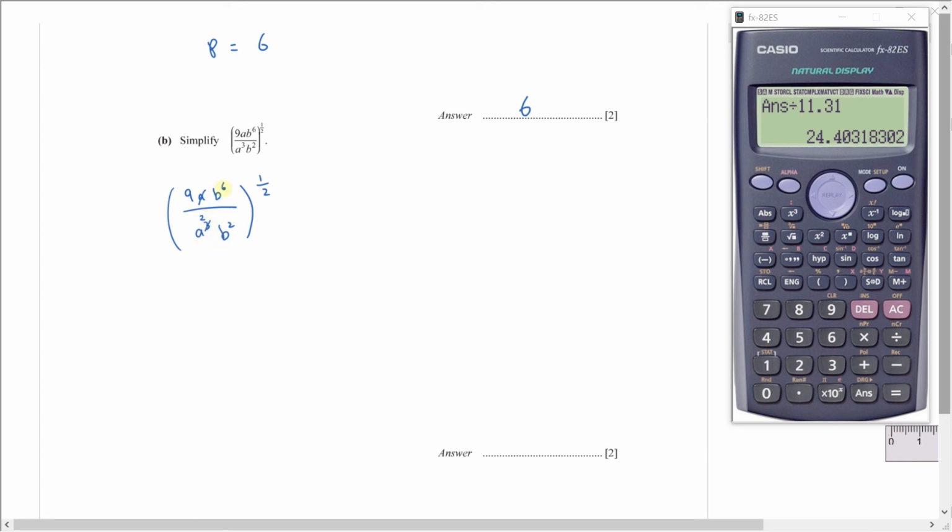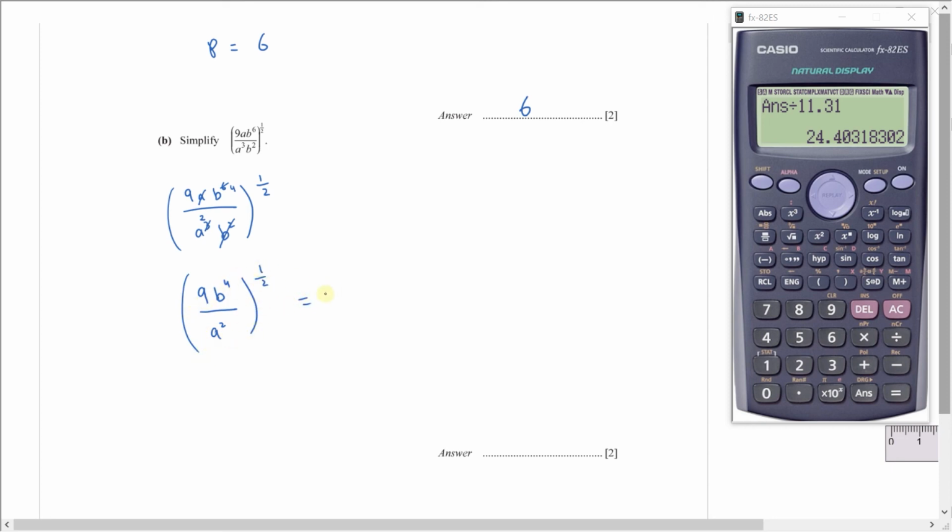This is b to the power 6 and this is b squared, so I can cancel this b squared and the powers will be subtracted, 6 minus 2, and you will get 4 here. So then I will be left with 9b to the power 4 in the numerator, and in the denominator I will have a squared. And then you have whole power 1 by 2, which is basically the square root.